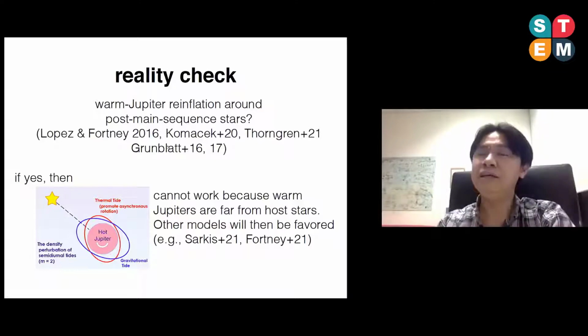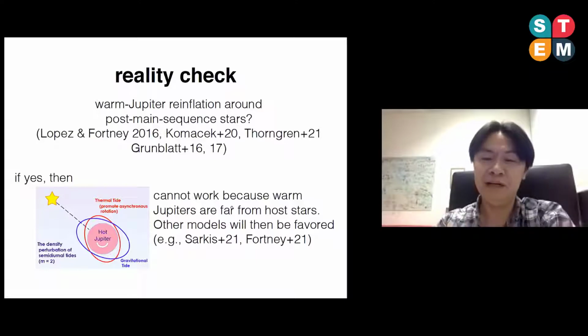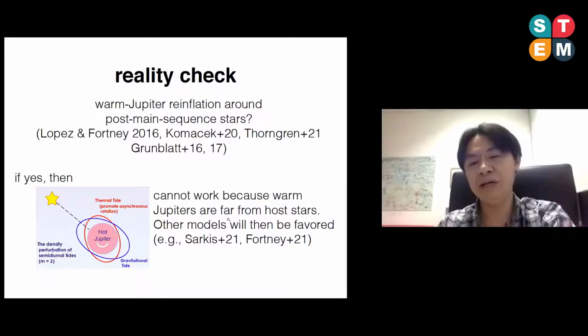So far, there are two or three candidates from observation showing some kind of evidence for warm Jupiter inflation. If this is really true, then our model based on tidal thermotides cannot work, because warm Jupiters are too far from the host stars to be tidally important. So in other words, other models will then be favored.